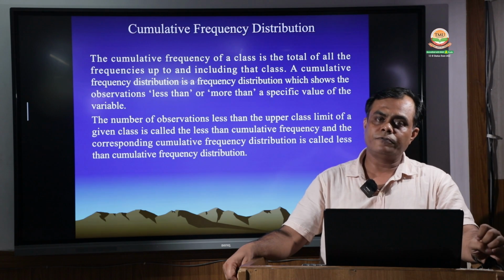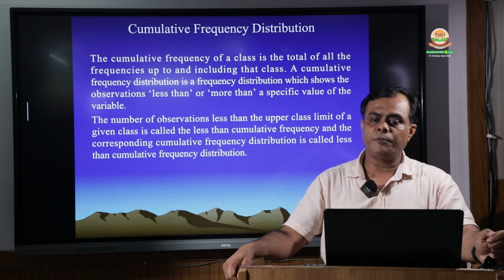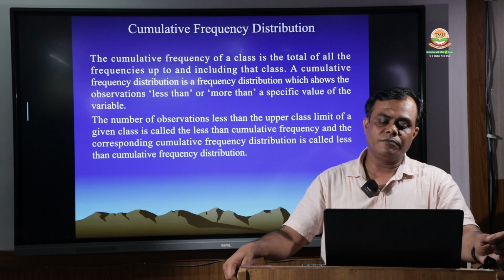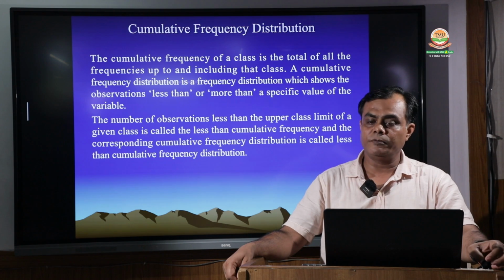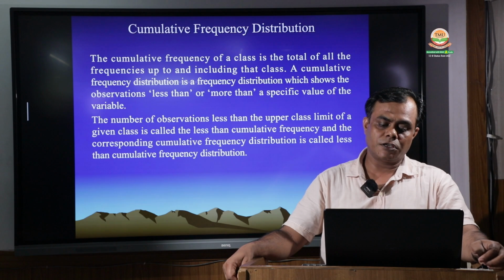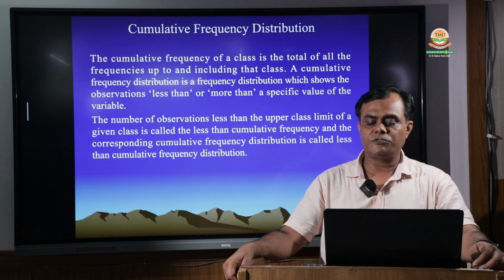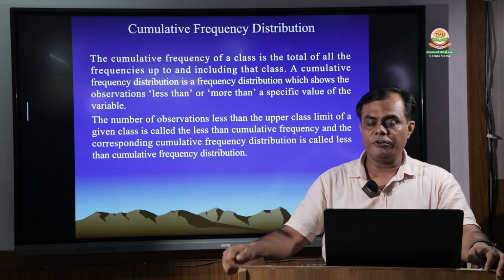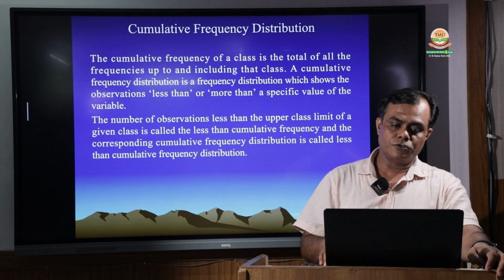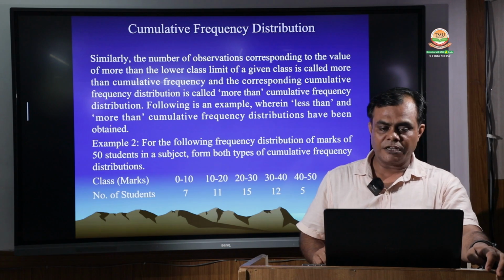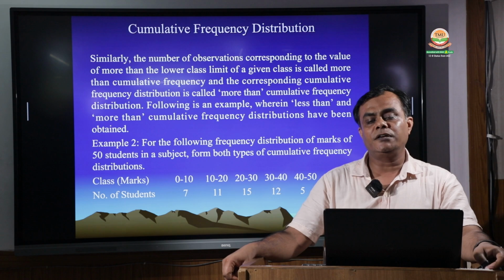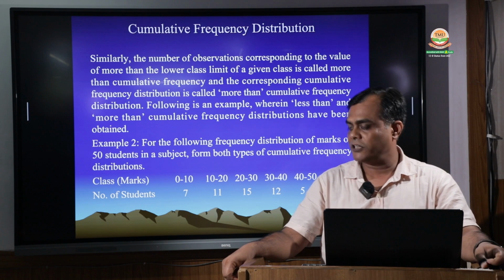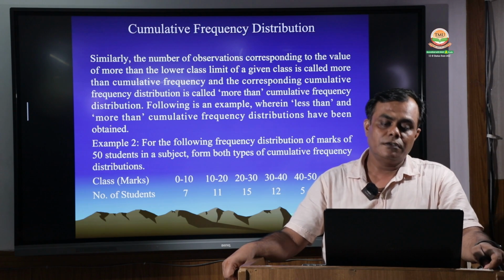The number of observations less than the upper class limit of a given class is called the less than cumulative frequency, and the corresponding distribution is called the less than cumulative frequency distribution. We can go through an example on this slide.